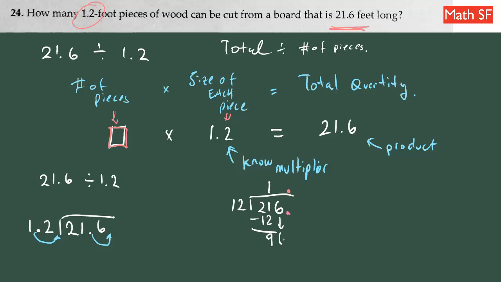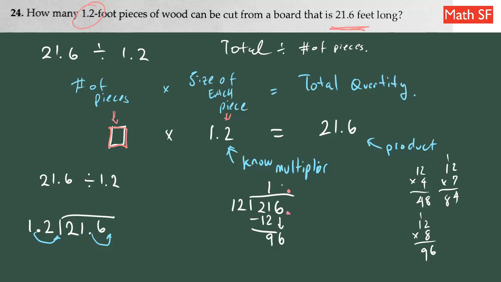Bring the 6 down. 12 goes into 96 how many times? Well, we have to find that out. 12 times 4 should be 48. No, then maybe 12 times 7, so 84. That goes pretty close. Let's try one more time. 12 times 8. What will 12 times 8 be? It will be 96. Perfect.